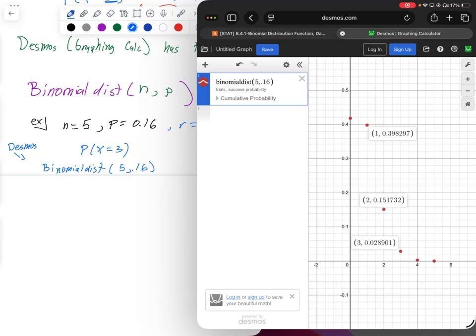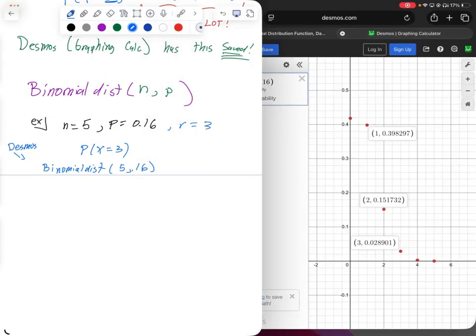Desmos does it for me. I don't have to memorize that ugly formula any longer. I can use binomial DIST, and as long as I know how to read the calculator, you can have the answers now. Yes? We like that?